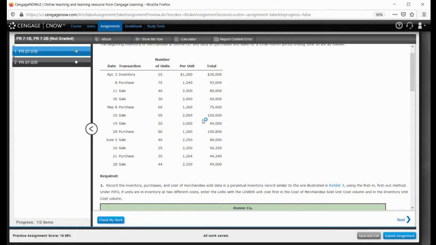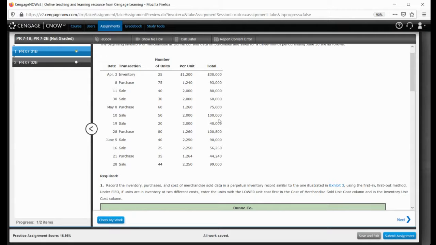We actually sold a total amount of $100,000. We got that by taking 50 units and multiplying it by the selling price of $2,000 each, and that will give you $100,000. This is your total sales.